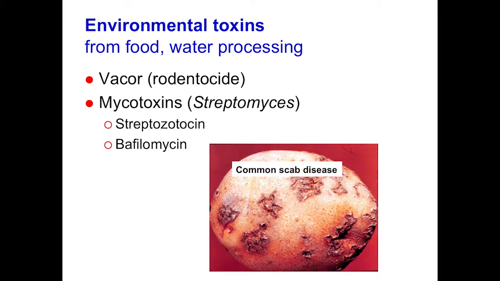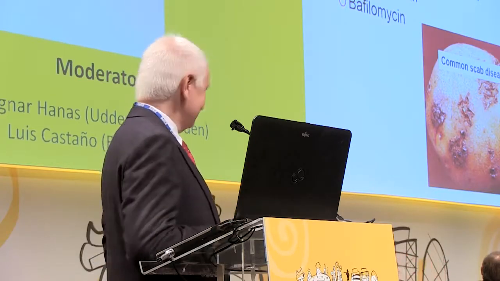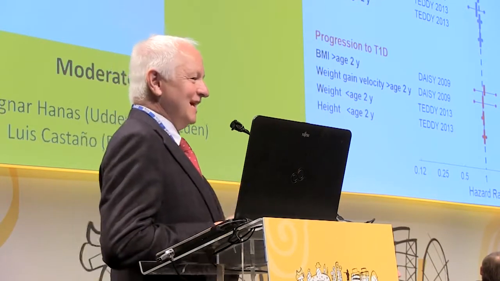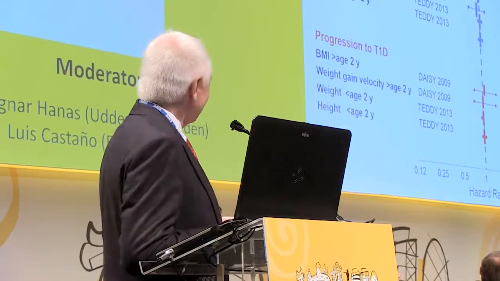There are at least some anecdotal pieces of evidence that some of those mycotoxins may cause diabetes in animal models. And by the way, do you know what is the first vegetable Finnish kids eat? Potato. I hope not as scabious as that one I showed.